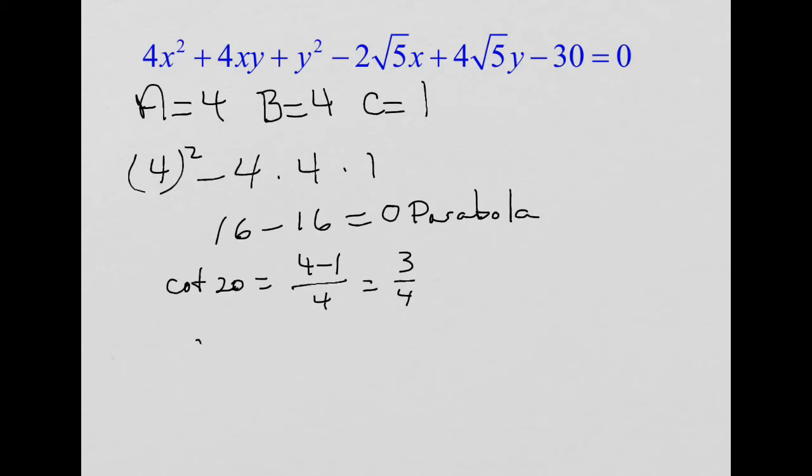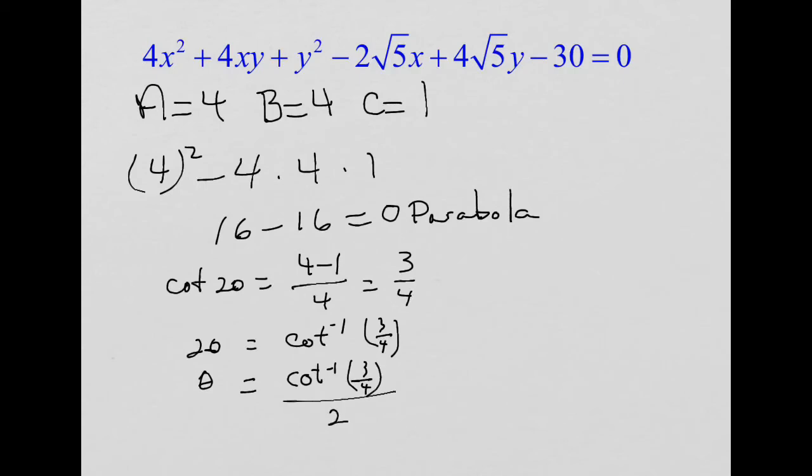Okay, so 2 theta equals the cotangent inverse of 3/4. This one is not on our unit circle, so we're going to have to use our calculator. So we need to get it into calculator ready information, so that's cotangent inverse of 3/4 divided by 2. And theta equals 26.6 degrees.